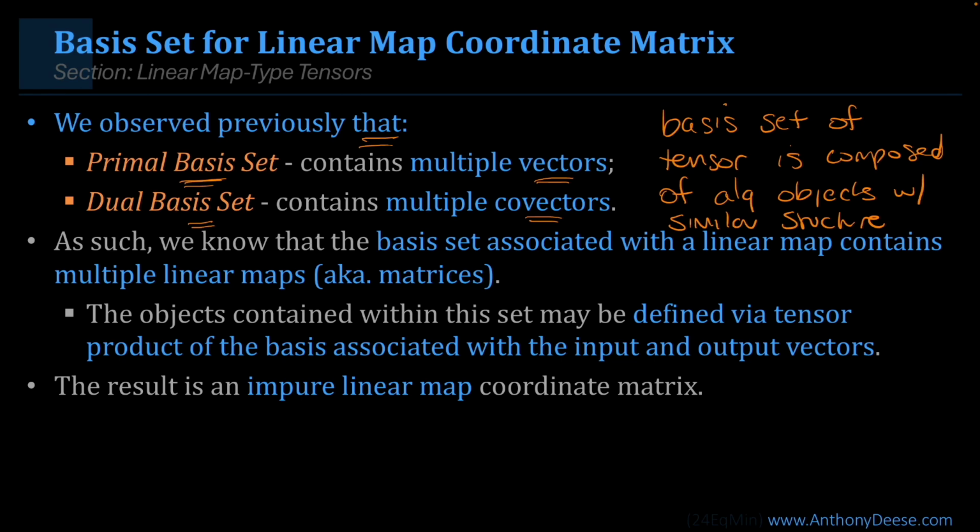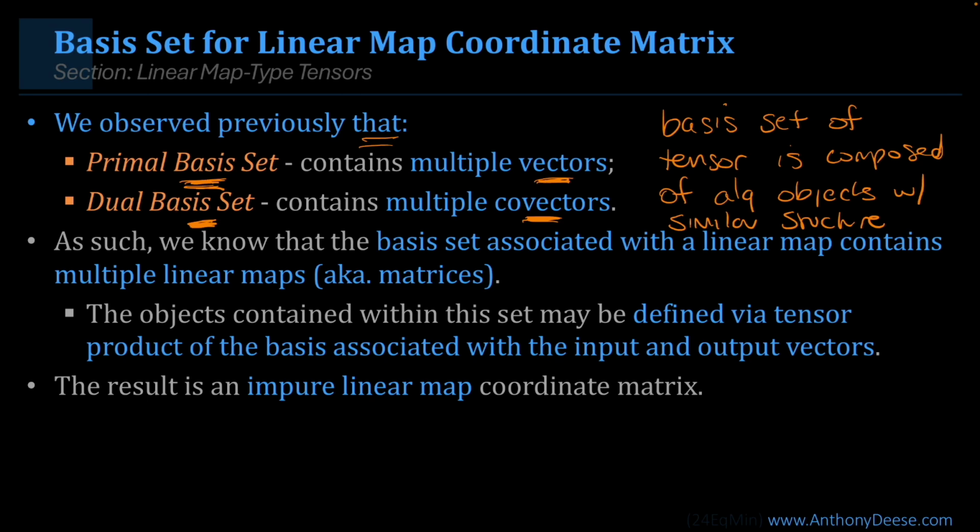The primal basis set is associated with a primal vector, and so that set is composed of vectors. The dual basis set is associated with a dual vector or a covector, and so it's composed of covectors.